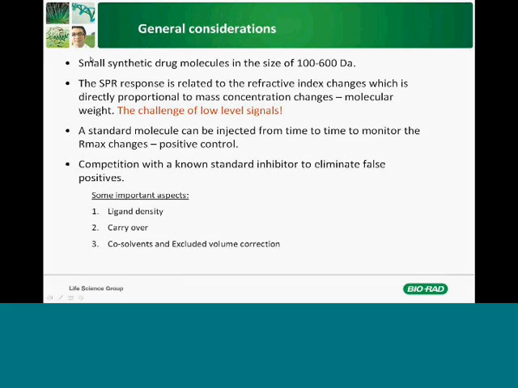Here below, I listed a few more aspects to pay attention to: the ligand density, carryover, and the use of solvents. Ligand density, as I said before, is mainly important. It's not density, it's the activity.